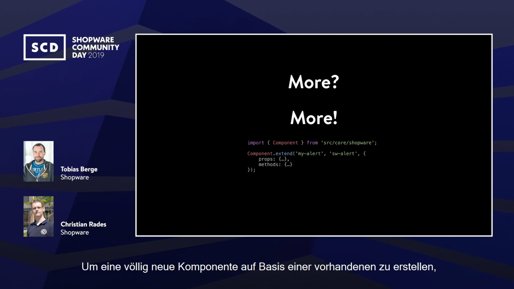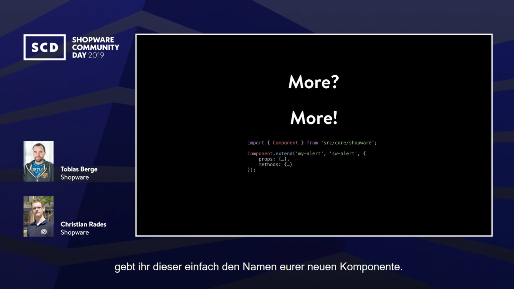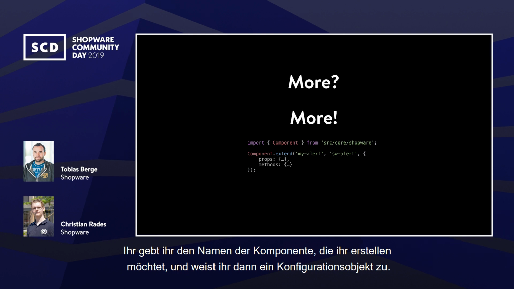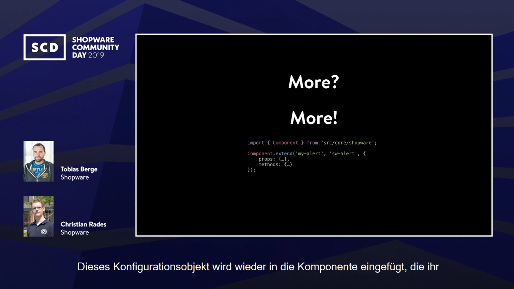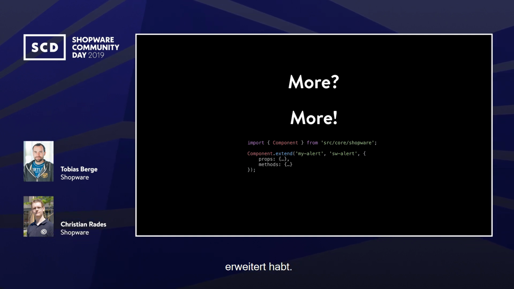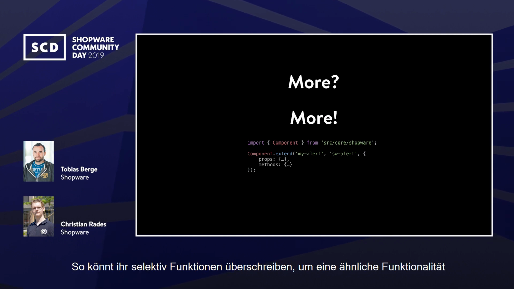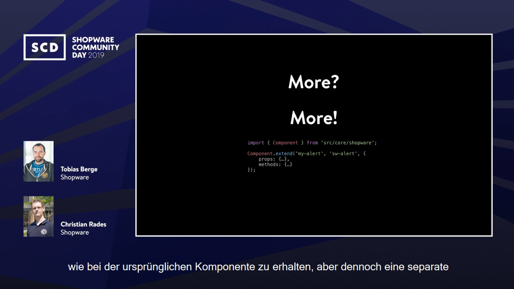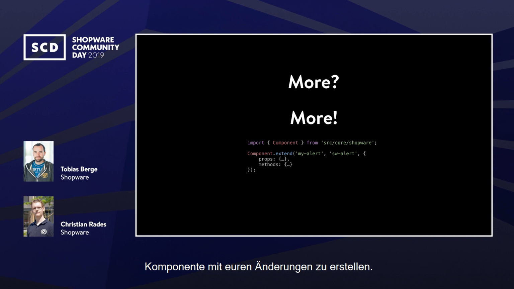To create a completely new component that is based on an existing one, you simply pass it the name of your new component, you pass it the name of the component you want to extend, and then you give it a configuration object, and these configuration objects get merged back into the component you extended from, so that you can just selectively override functions to have kind of the same functionality as the component you wanted to extend, but you still did your changes and have a completely separate component.